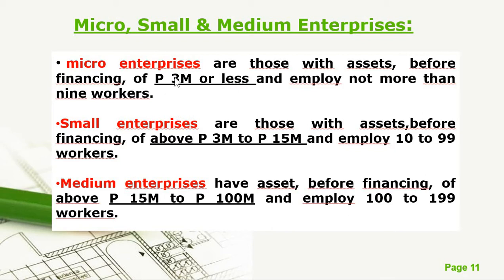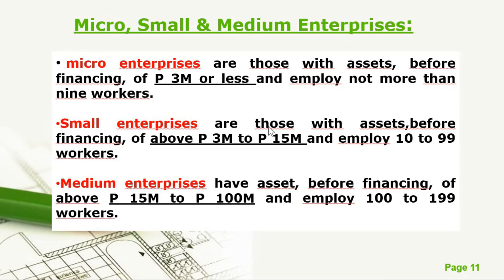Now, can you think of some micro enterprise with this particular qualification? For you to be called micro enterprise, dapat yung assets mo before financing ay 3 million or less. And then, dapat not more than 9 workers lang ang meron ka.